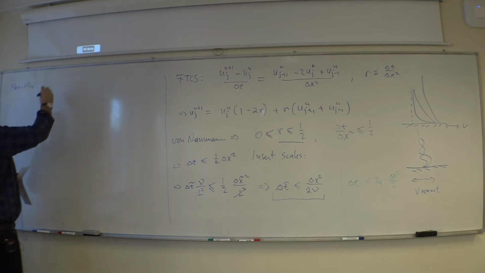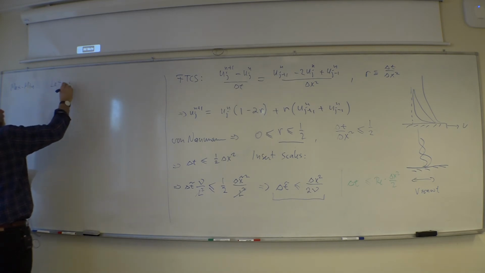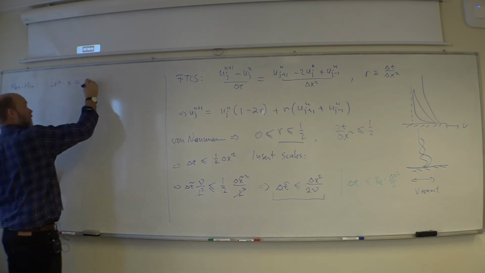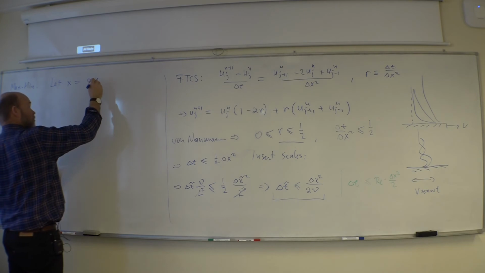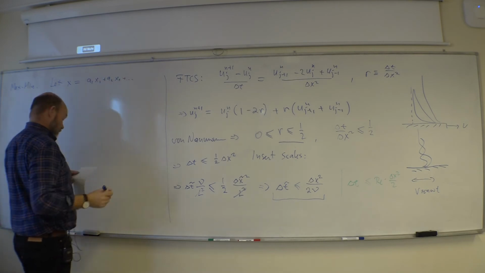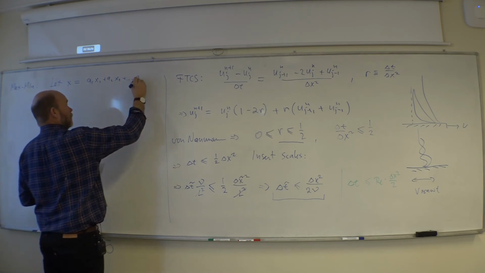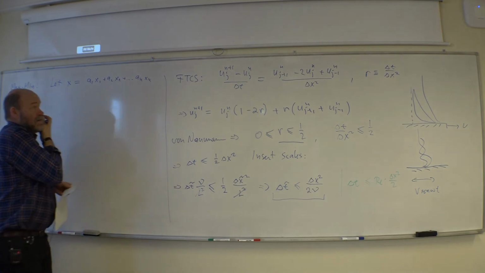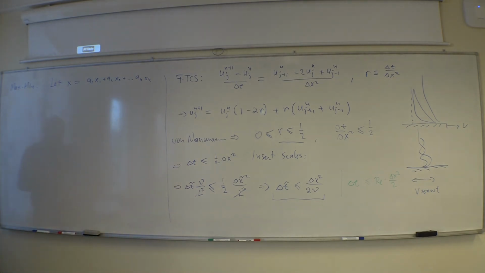We have an unknown x, and it can be represented as a series A1 x1, A2 x2, and so on, all the way up to some Ak xk. Then we define the smallest x, x min.